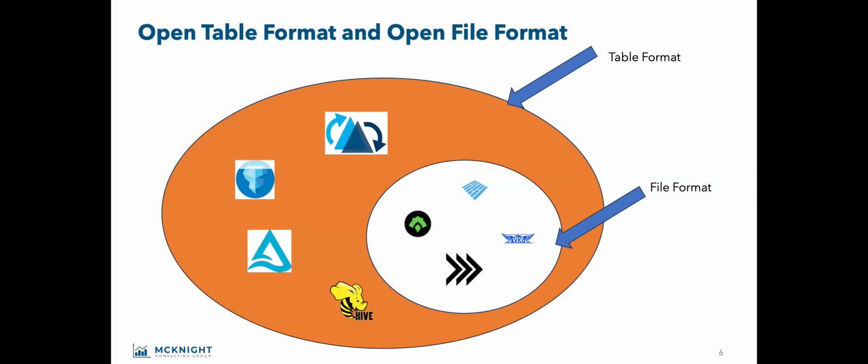But now let's move on to open table formats and open file formats. I'm going to focus on the top four of each. It doesn't mean there's not more, but these are the ones you probably have heard of. The table formats predominantly used are Apache Hive, Iceberg, Hudi, and Delta Lake. The file formats most used are Parquet, Arrow, Avro, and ORC, as well as CSV and JSON.